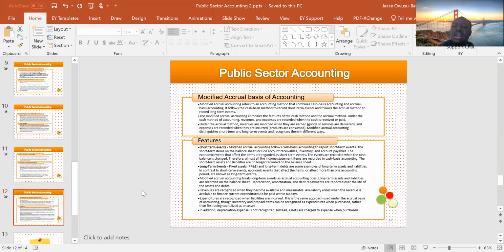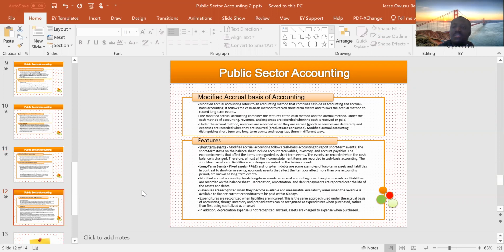Modified accrual accounting follows the cash basis accounting to report short-term items. The short-term items on the balance sheet include things like the account receivables, your inventory, etc. The economic events that affect the items are regarded as short-term events. These events are recorded when cash balance is changed.